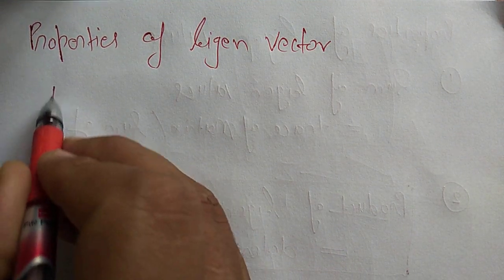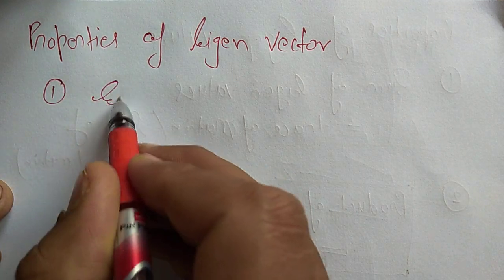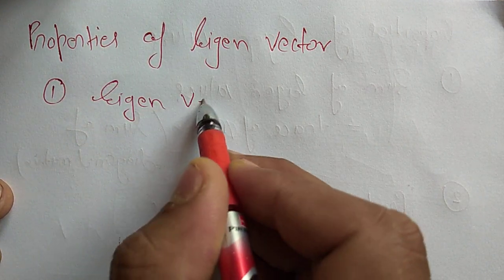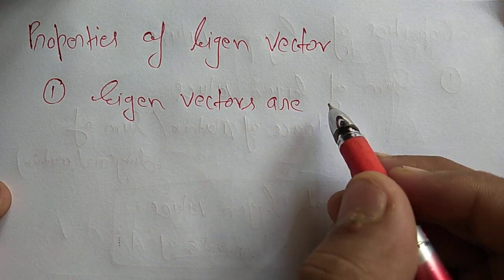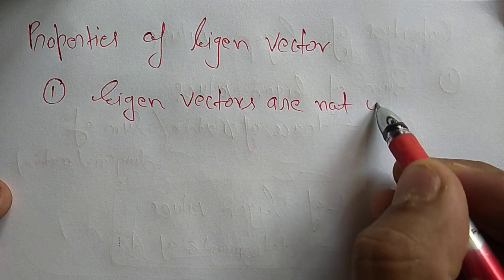Now we have a few properties of eigenvectors. First, eigenvectors are not unique. This we have already seen.